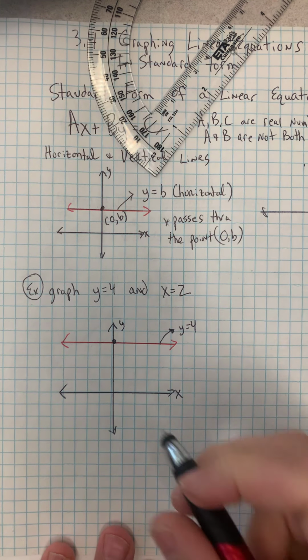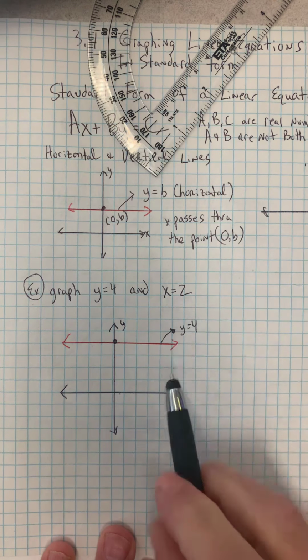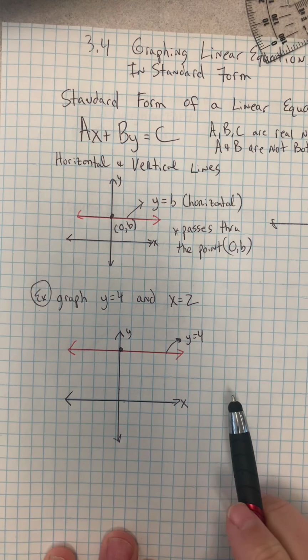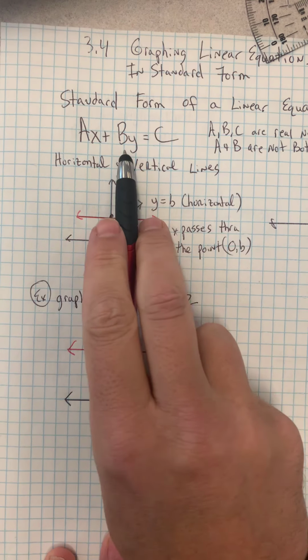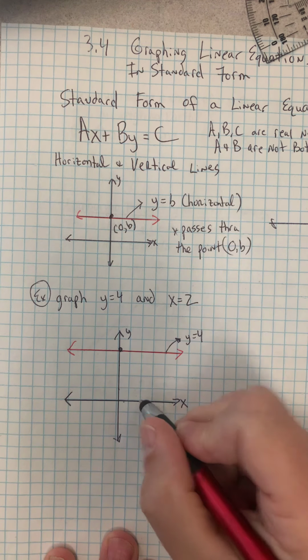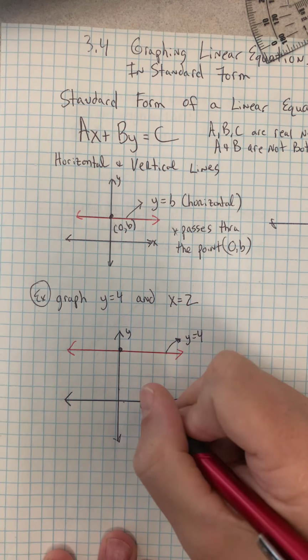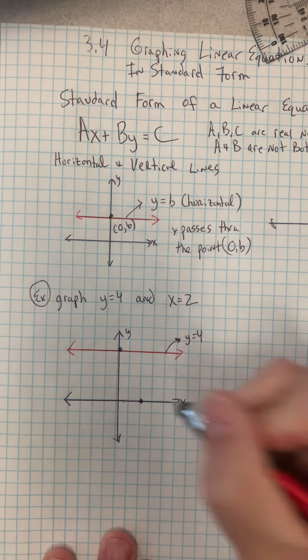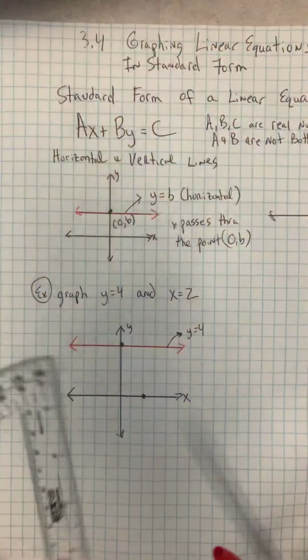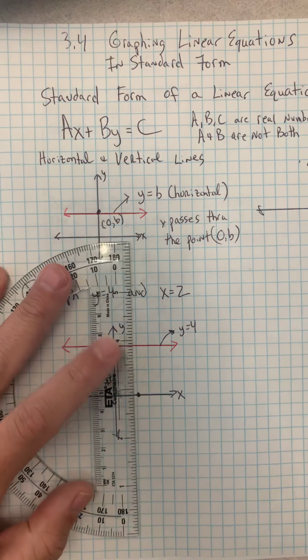X is equal to 2, you would have the ordered pair 2, 0. Because now y is 0. It crosses the x-axis right there at 2. I will draw that line in.